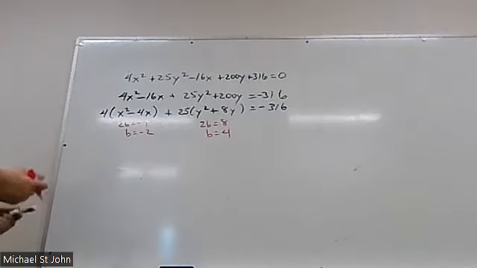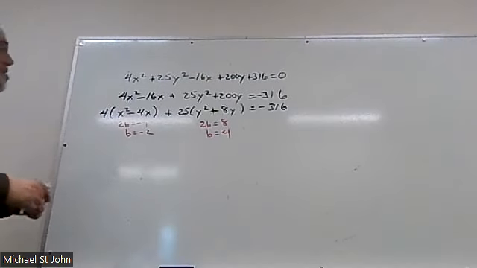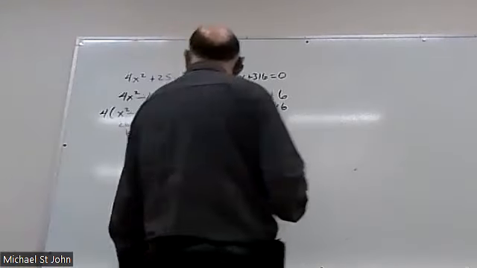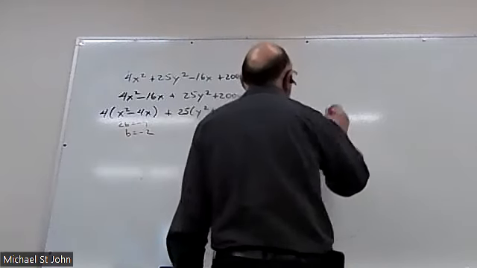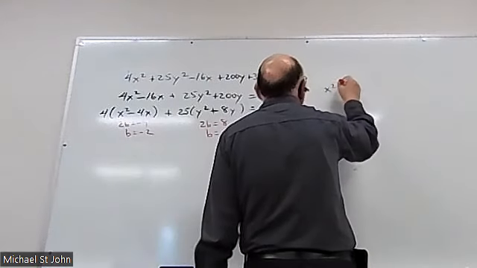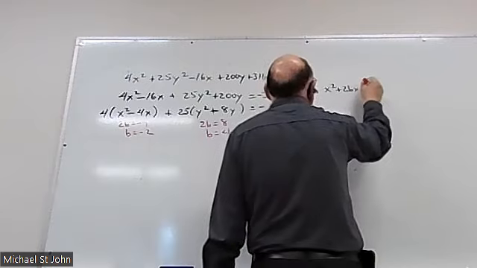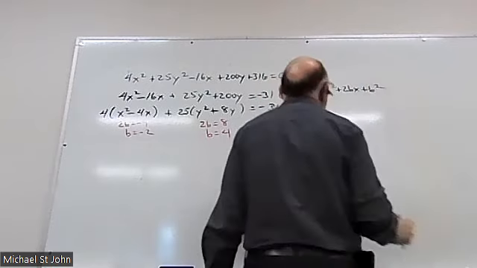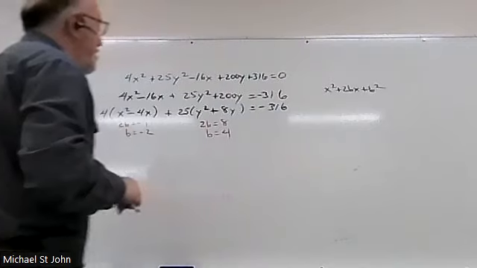And again, this is all based on my completing the square stuff, which said we're going to have, in terms of x squared plus 2bx plus b squared. That was my completing the square stuff.